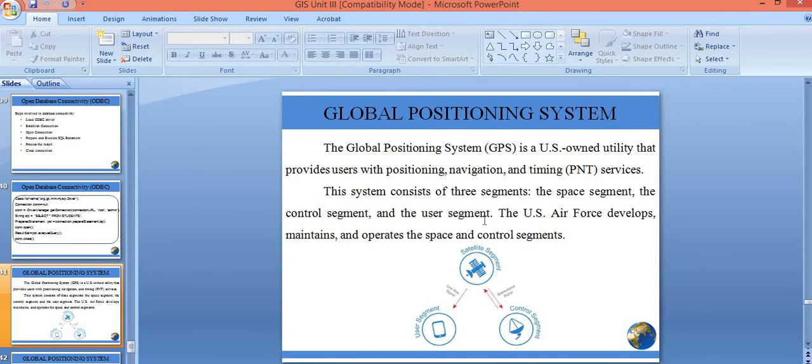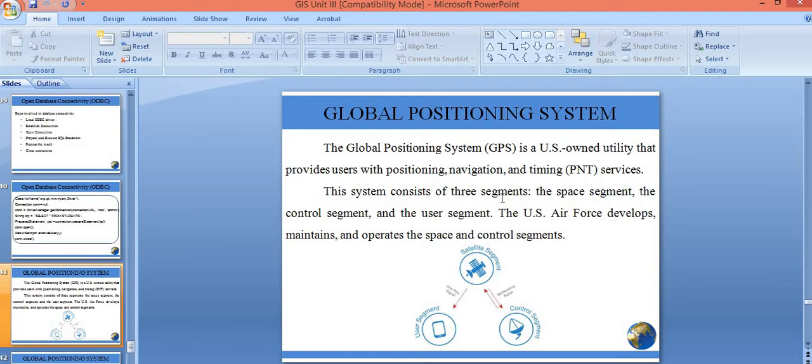Okay. And the last topic is GPS, Global Positioning System. As everyone knows, Global Positioning System is used for providing three services: positioning service, navigation service, and timing service. So three services are provided by the GPS system.